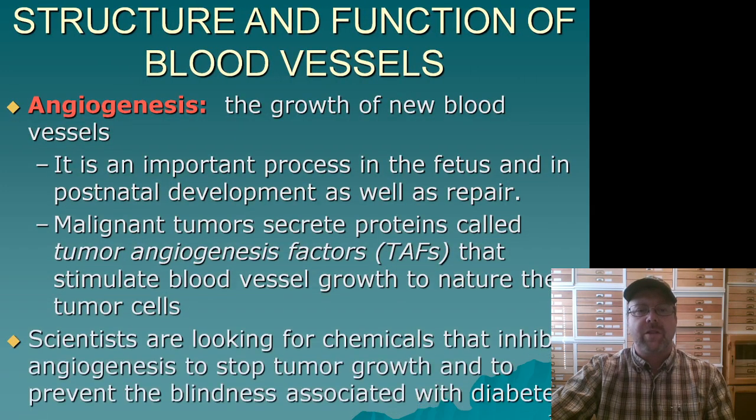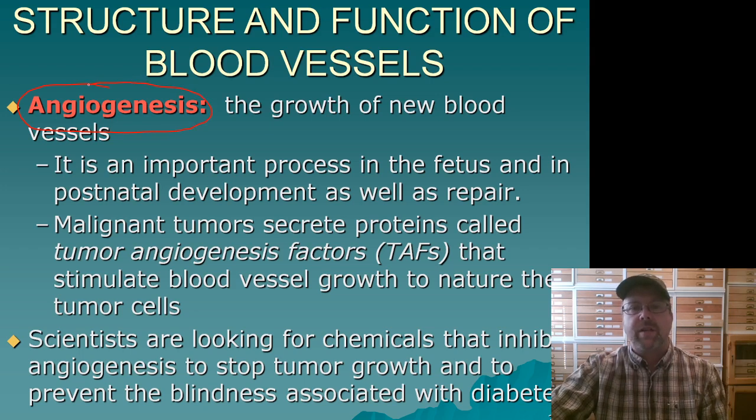Here, as we first start, I want you to understand that the creation of blood vessels by our body is done through a process called angiogenesis. Angiogenesis is the growth of new blood vessels, and it is done through hormones and various protein factors.